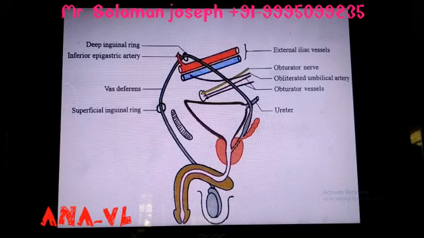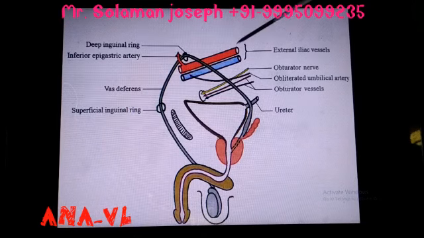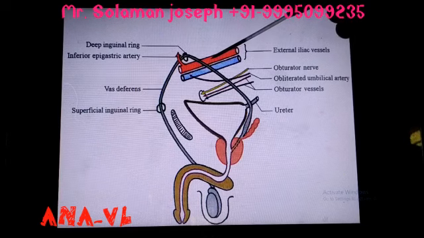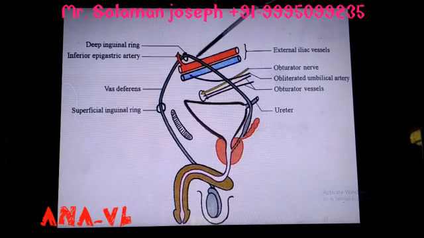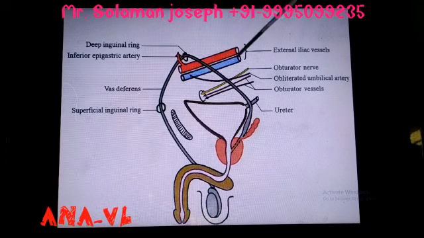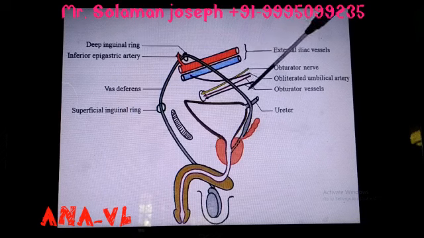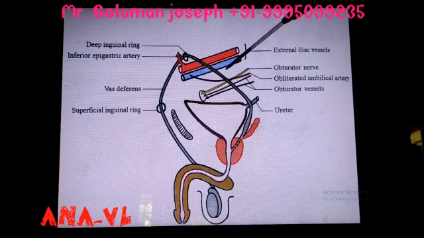Then it ascends about 2.5 centimeters in front of the external iliac artery. Here are the external iliac vessels; this red structure is the external iliac artery. It passes subperitoneally backwards and downwards along the lateral pelvic wall.